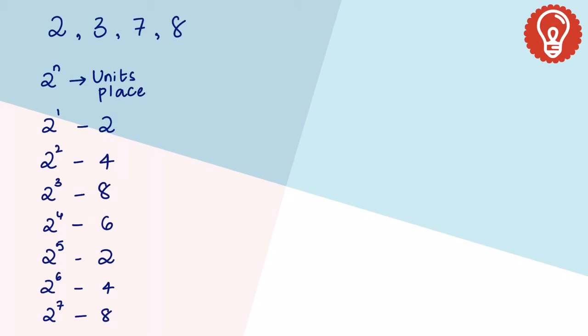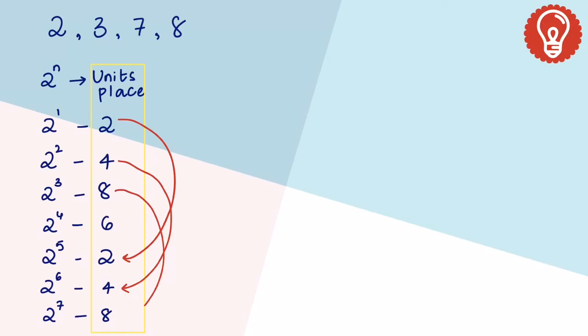If you observe the units place of this series, after 6, every number is repeating. Now, because the series is repeating for every 4 numbers, we can say the cyclicity of 2 is 4.